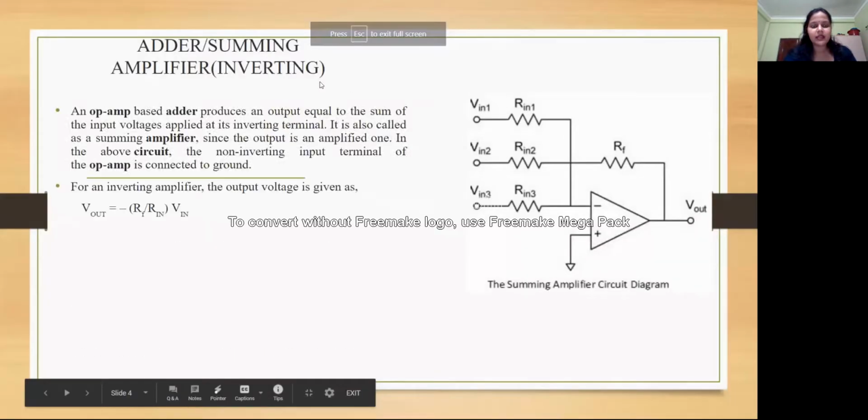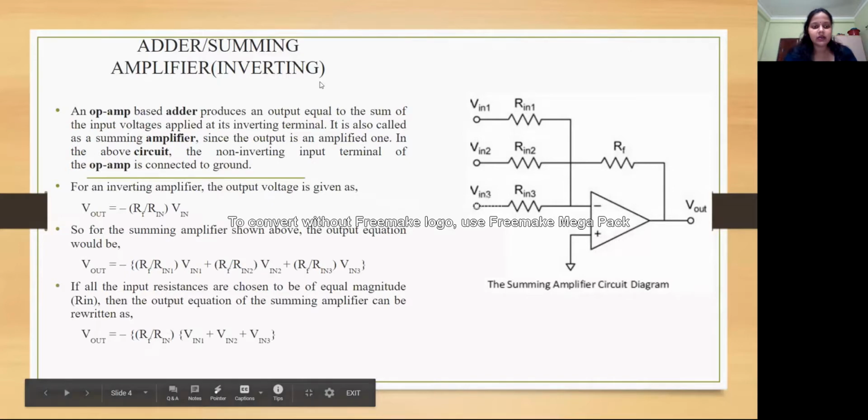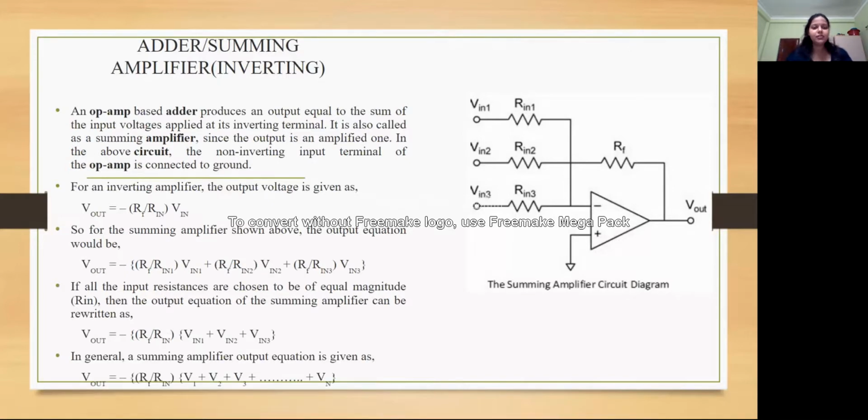I hope you all can see the term. So finally the output voltage equals minus RF by Rin into the sum of input voltages. So the output voltage is proportional to the summation or addition of the input voltages.